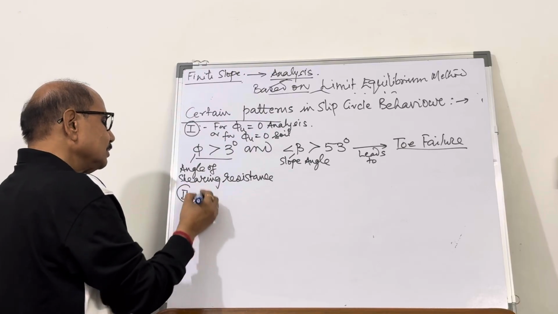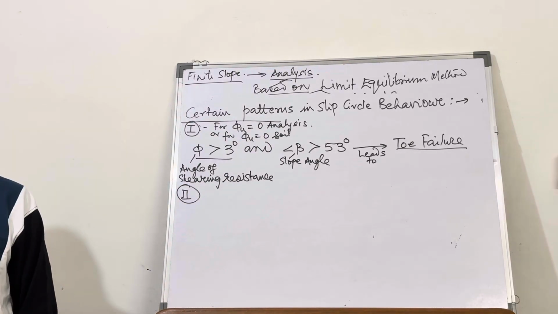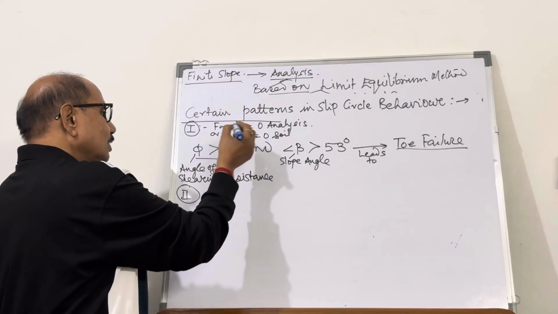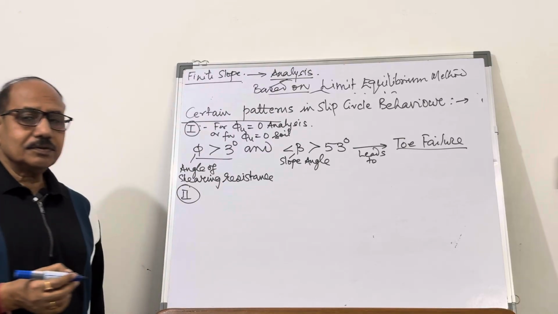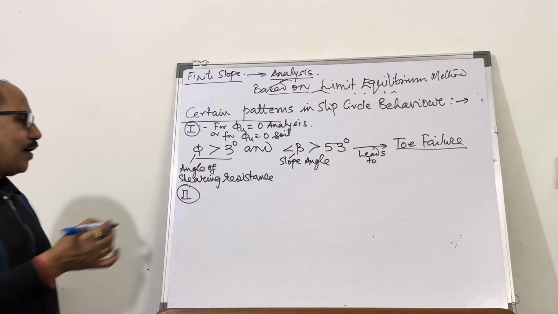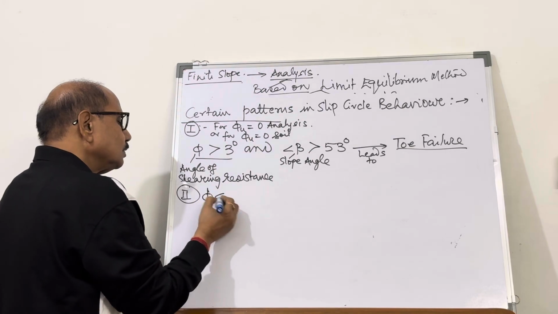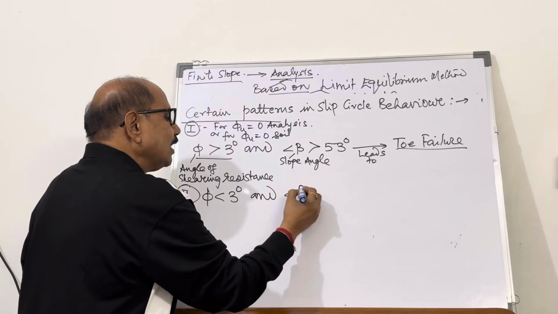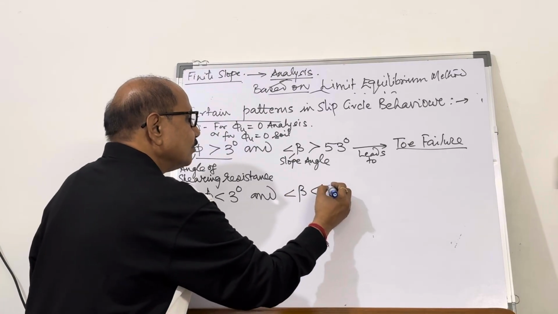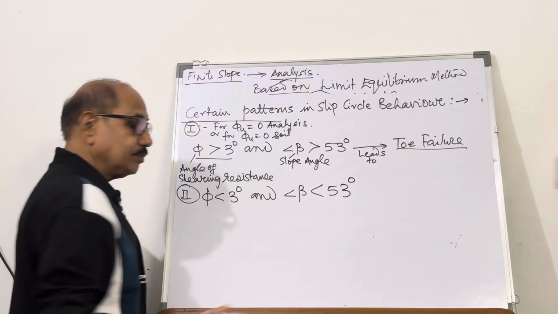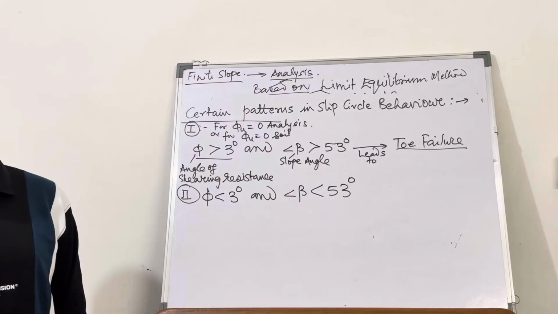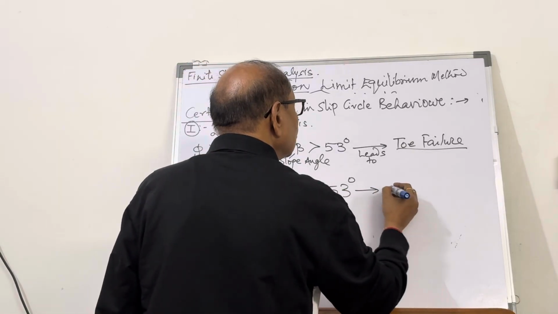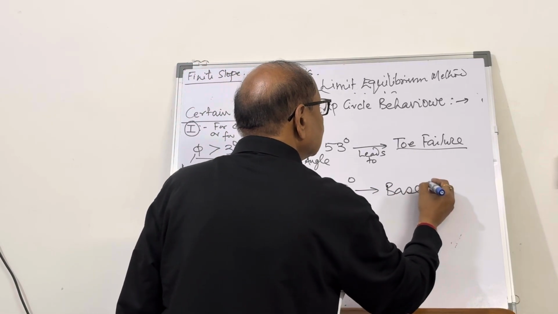The second is for phi equal to 0 analysis, if phi is less than 3 degree and slope angle beta is also less than 53 degree, that means the slope is flatter one, will lead to base failure.